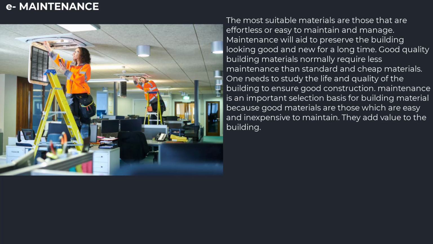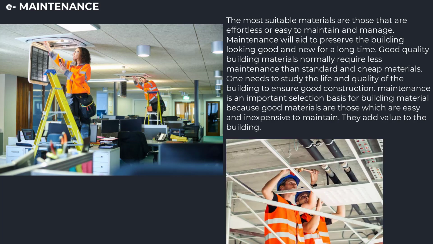One needs to study the life and quality of the building to ensure good construction. Maintenance is an important selection basis for building material because good materials are those which are easy and inexpensive to maintain. They add value to the building. Nowadays, architects and engineers must be able to design products that require less maintenance.